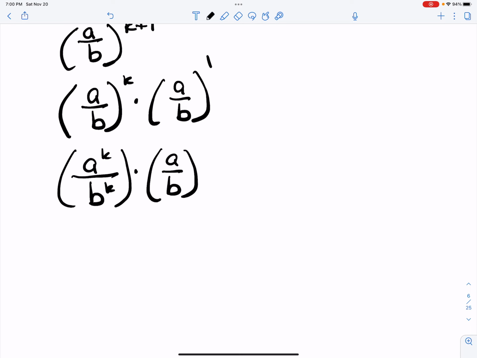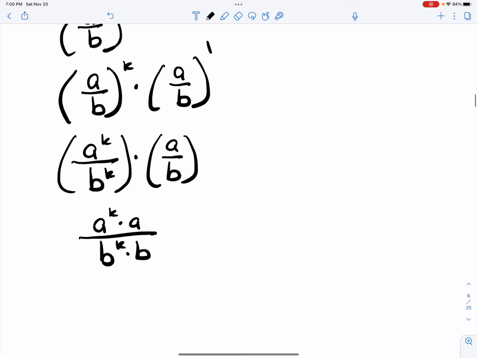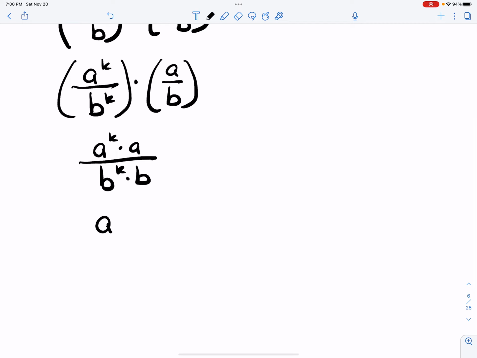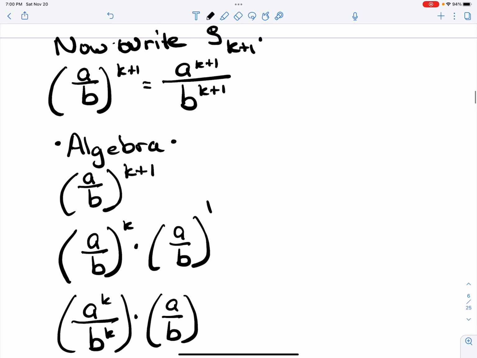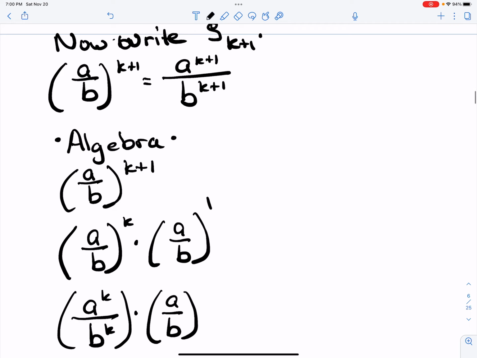Since we're multiplying, we can do top times top, bottom times bottom, and we get a to the k plus 1 over b to the k plus 1. And that's what we wanted. When we wrote S sub k plus 1, that's what we saw we needed on the right side.